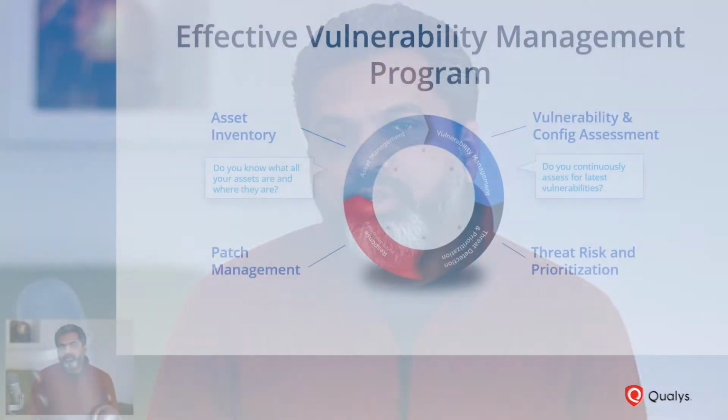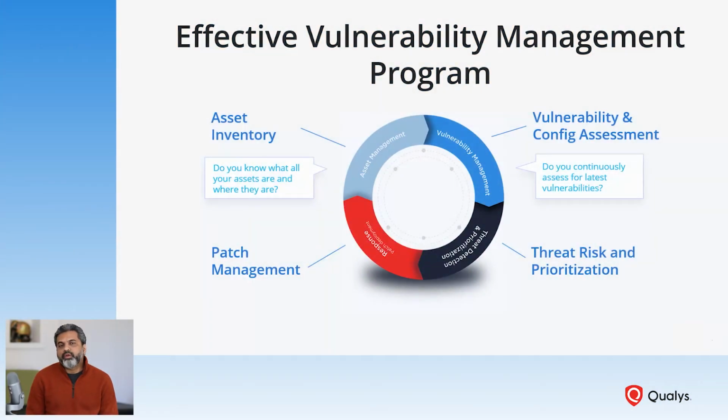That ability to continuously have visibility on the vulnerability and configuration posture is an important cornerstone of an effective vulnerability management program. After that, given the huge number of vulnerabilities being detected with this continuous approach, there has to be a very threat and risk-oriented approach towards prioritizing the vulnerabilities you want to put your efforts into first. That has to be done with the context of the threat that those vulnerabilities pose. As we all know, not all vulnerabilities pose threats.